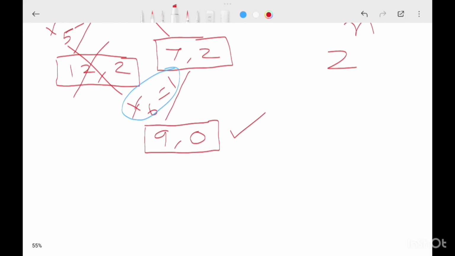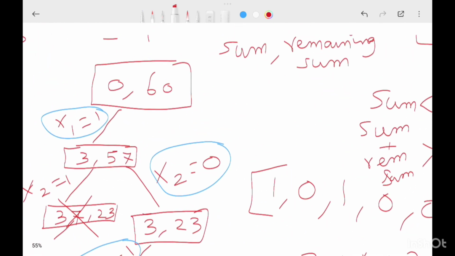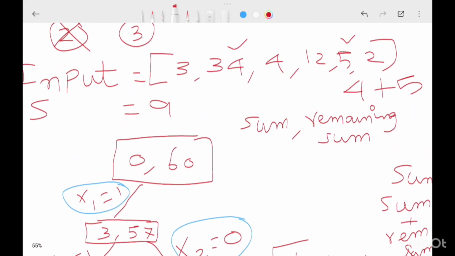Here we can still reduce the time complexity. The simple trick is, instead of solving the problem as it is, we can sort this input in descending order.